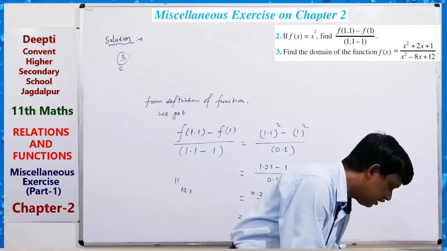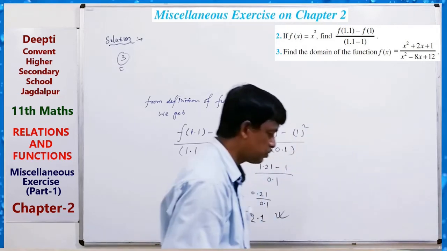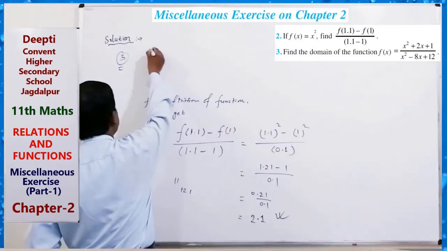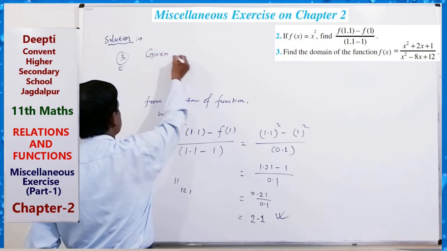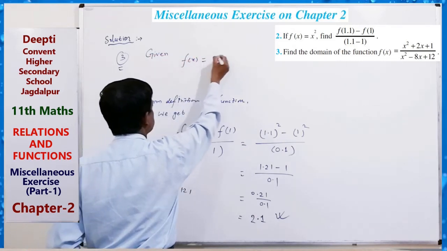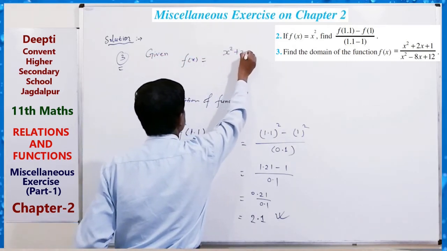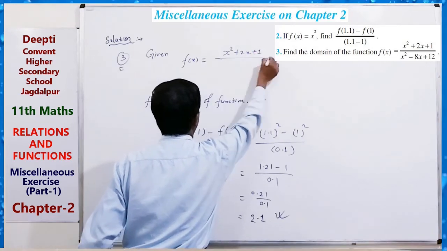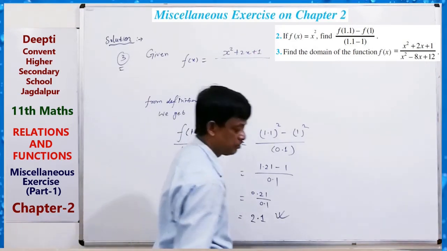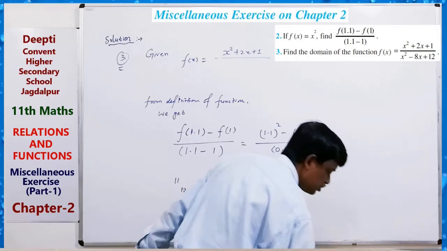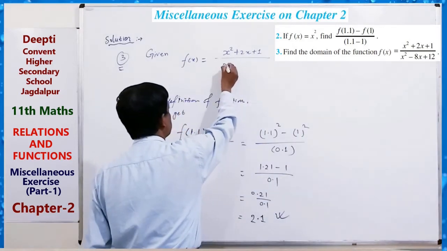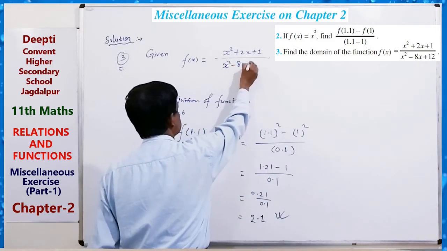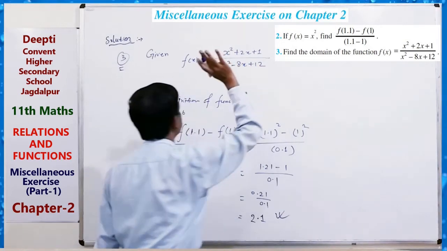Find the domain of the function x square plus 2x plus 1 upon x square minus 8x plus 12. This is the given function.